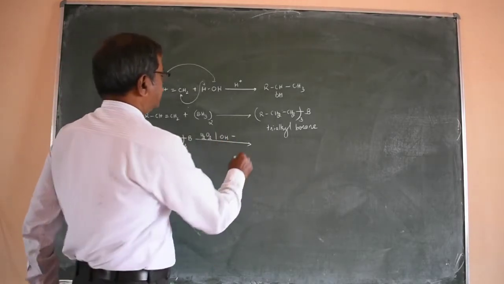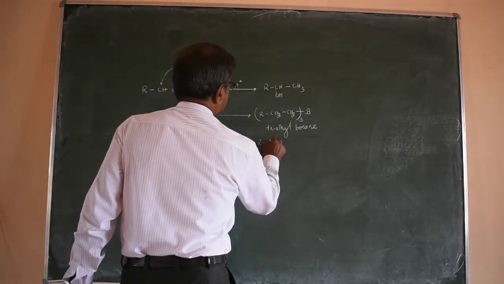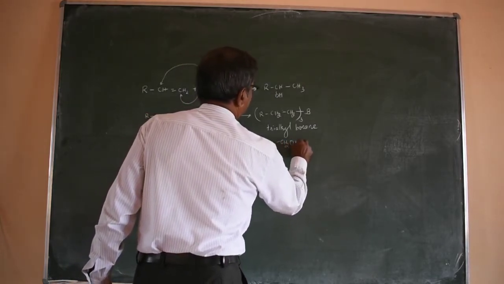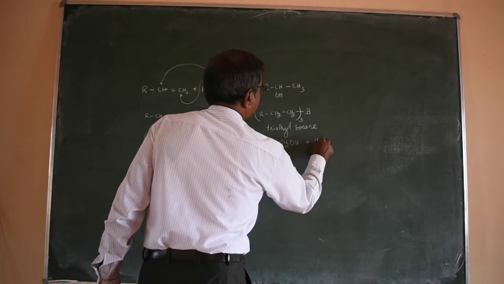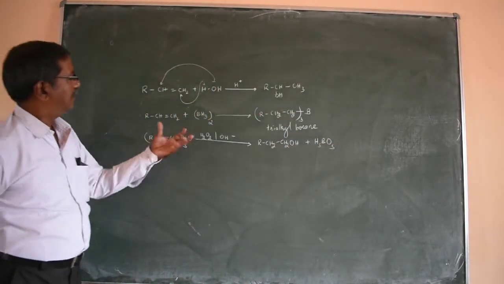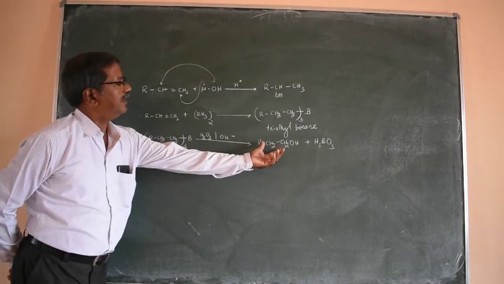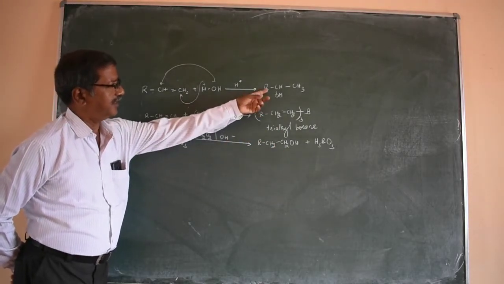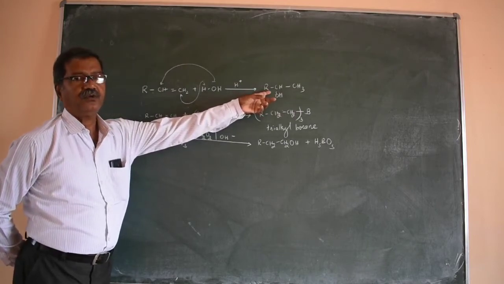The product is RCH2, CH2OH and H3BO3. So remember, here you are getting 1 degree alcohol. Here you are getting secondary, or 2 degree alcohol.